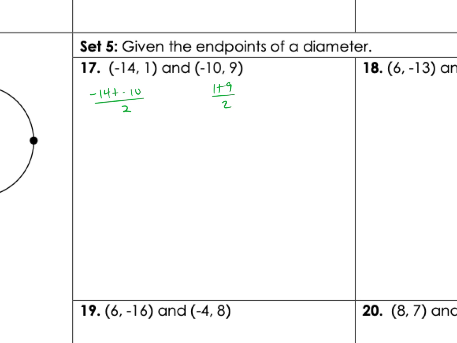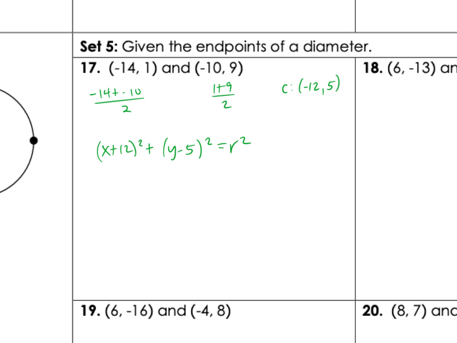So you should get my center as (-12, 5). Now I'm going to write the equation: (x + 12)² + (y - 5)² = r².